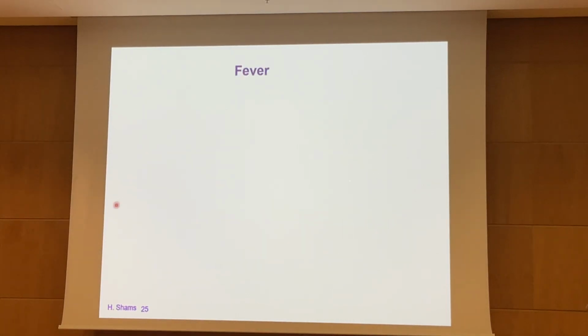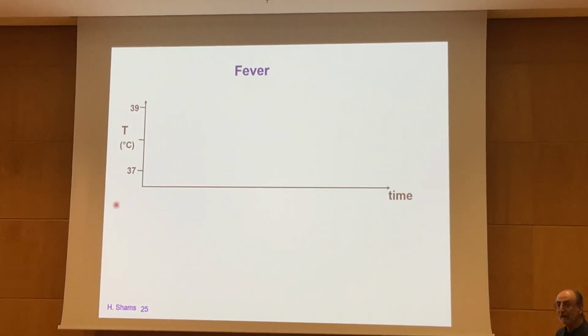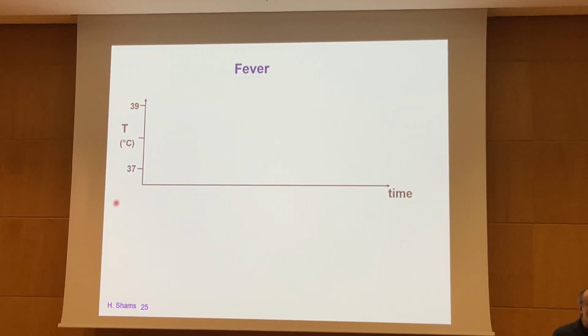And the only other thing that I want to tell you about is the fever. Now in fever, the set point temperature is raised by the hypothalamus. That is completely different from hyperthermia. The set temperature is raised by the hypothalamus. Why is it raised?